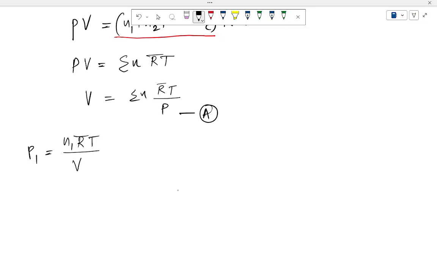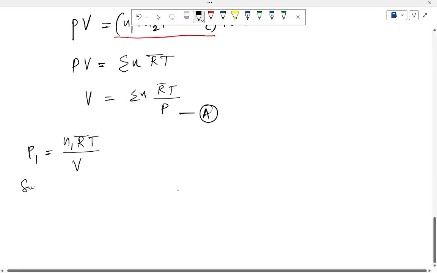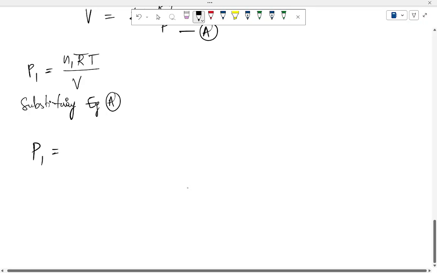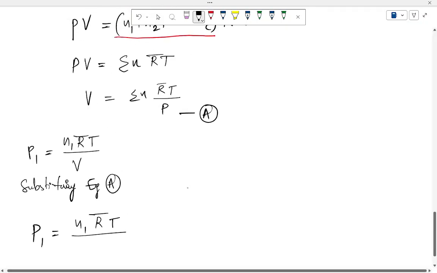So P1 is going to be N1 into R bar T by sigma n R bar T, with P coming into the numerator.